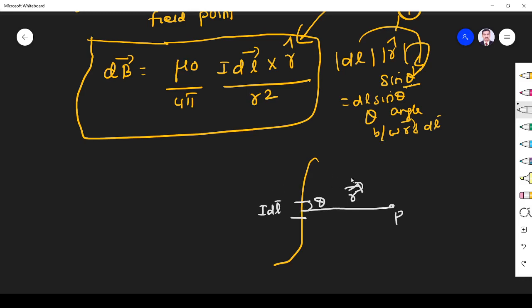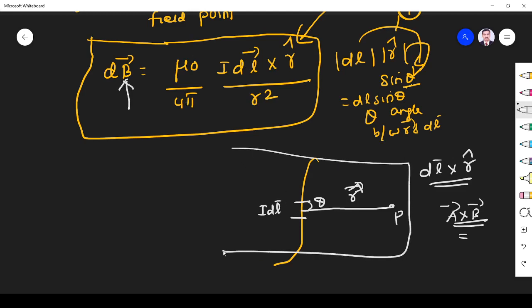If you take dl cross r, that is a cross product, and in a cross product A cross B the resultant vector is always perpendicular to A and B. Similarly, the resultant of dl cross r, which is B, will be perpendicular to both dl and r. Here the resultant vector C is perpendicular to the plane containing A and B.